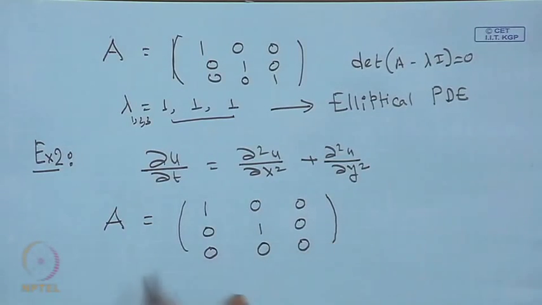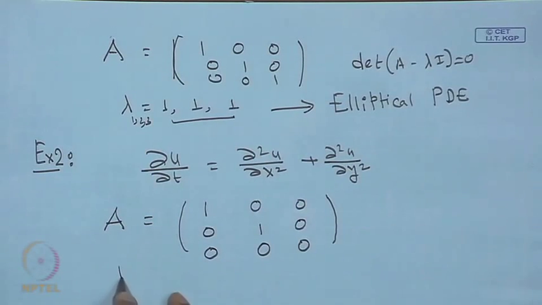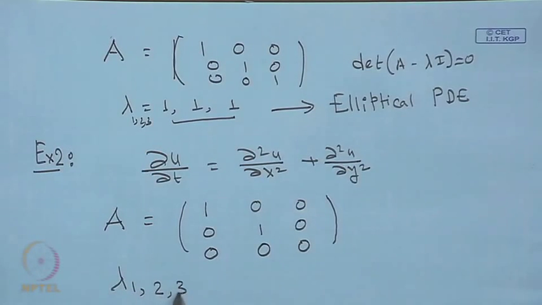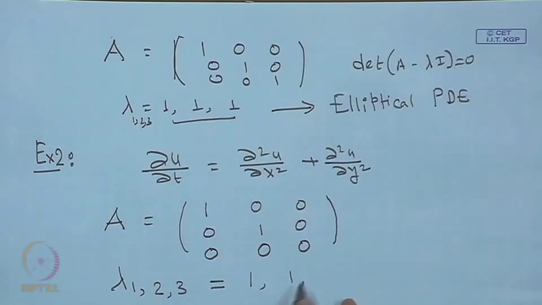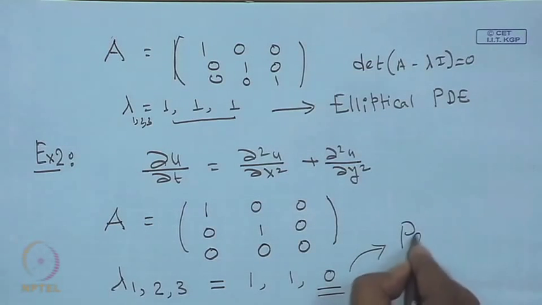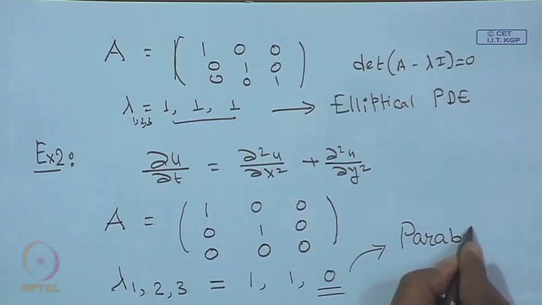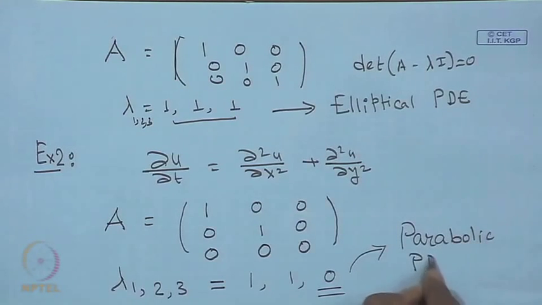Now, if you look into the eigenvalues of this matrix, they are 1, 1 and 0. Since one of the eigenvalues is 0, this equation is a parabolic partial differential equation. Okay.